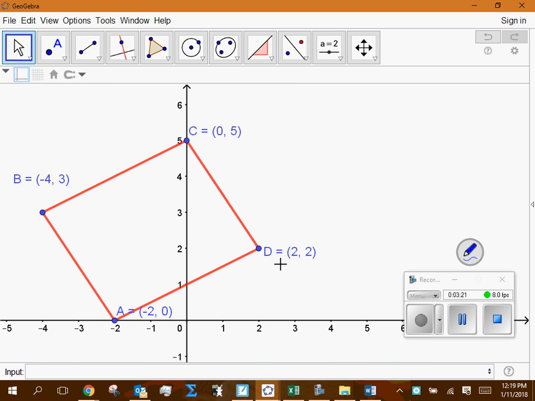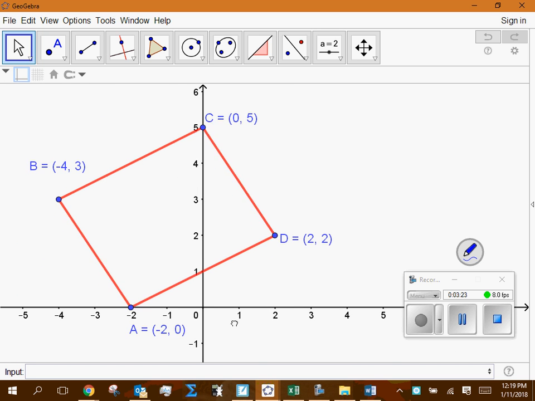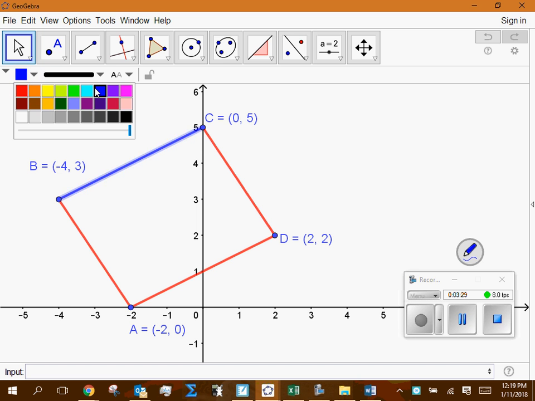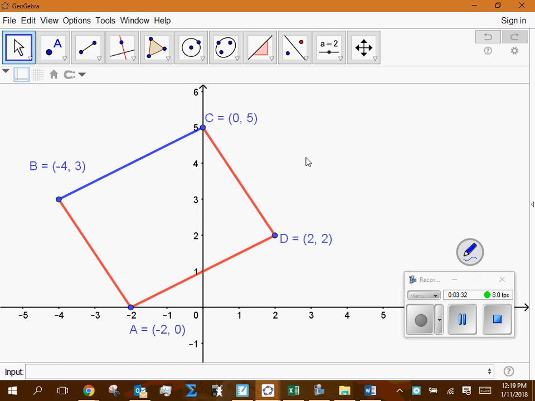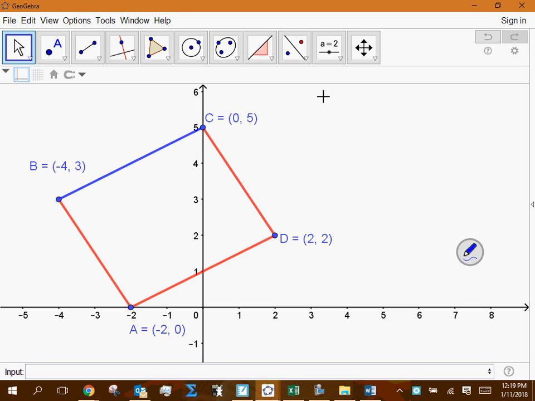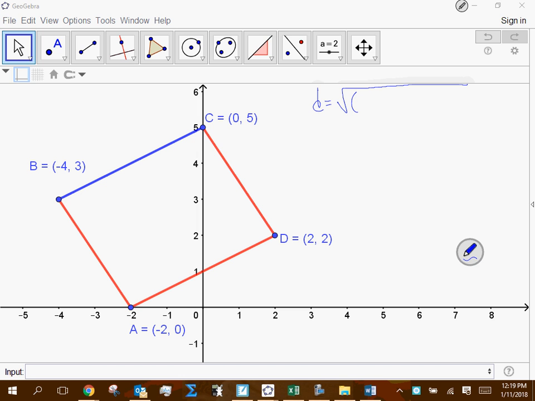Okay, it says find the distance of all four segments here. So first thing I'm going to do is focus on the blue segment. Remember, distance is a formula that takes your x values, you subtract them and square them, and then you take your y values, you subtract them and square them.